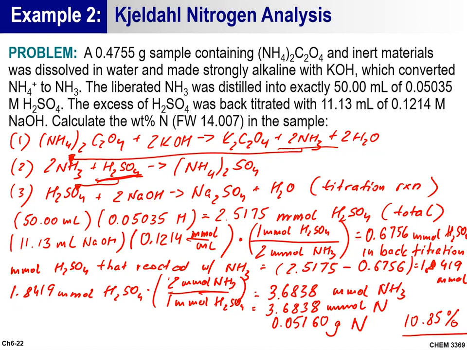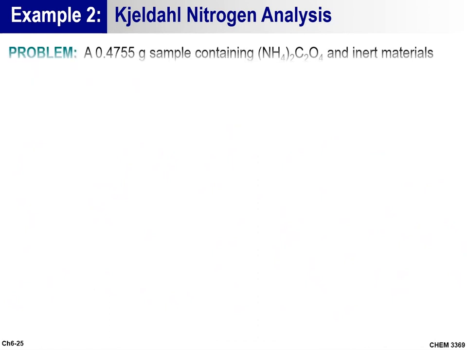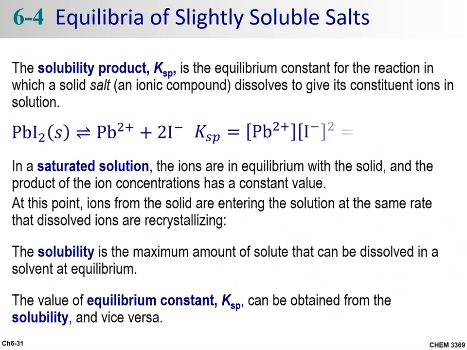Okay. So now that's the calculations. Okay. Now we need to talk a little bit about the equilibrium of slightly soluble salts, because this is something we need to take into account when performing or carrying out precipitation titrations.